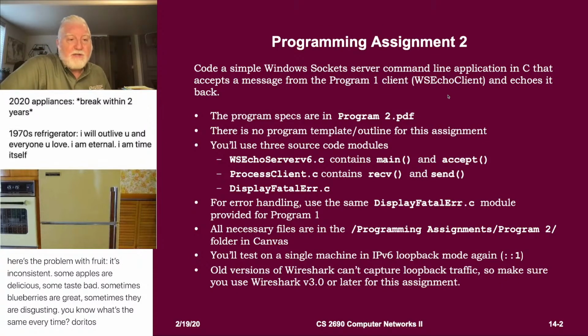You're basically just replacing the server that was provided for you. That's it. The specs are in program2.pdf. Jump back on Canvas, jump into the files, and pull down the stuff. You know what to do.